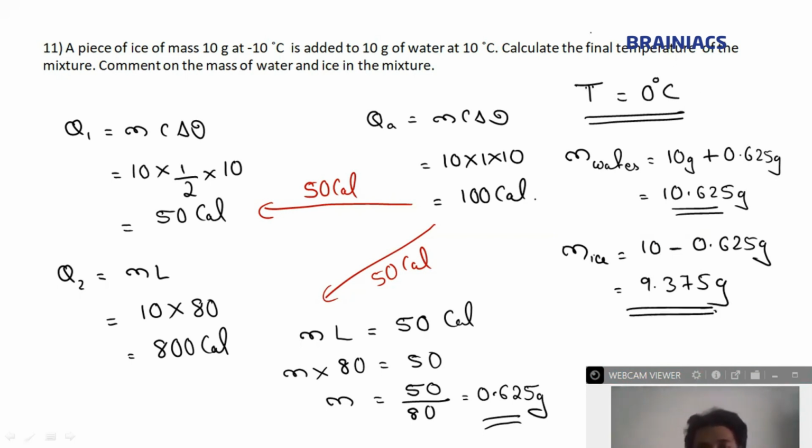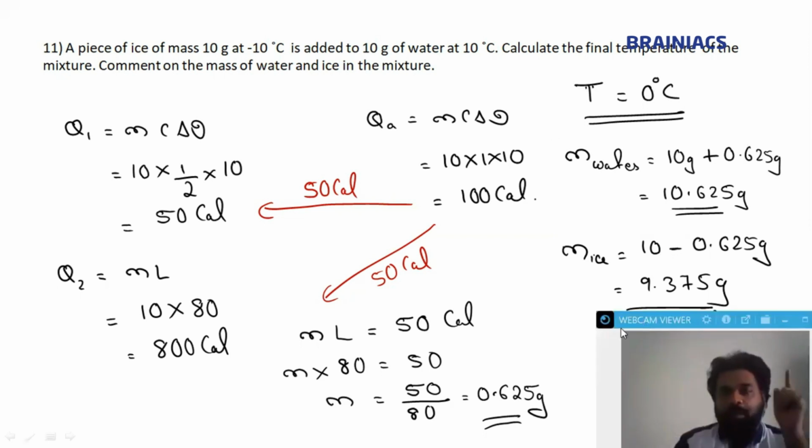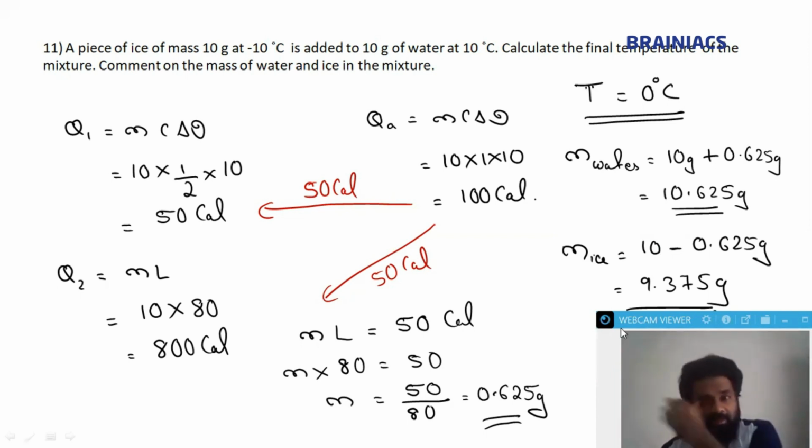So how to do this problem? Just first we should see from the left side. Full conversion we should assume and see. For ice to become 0 degree Celsius, how much is required? Then we should come to this side. How much energy will be released if water becomes 0 degree Celsius? Then only we will get an idea. 100 calorie.